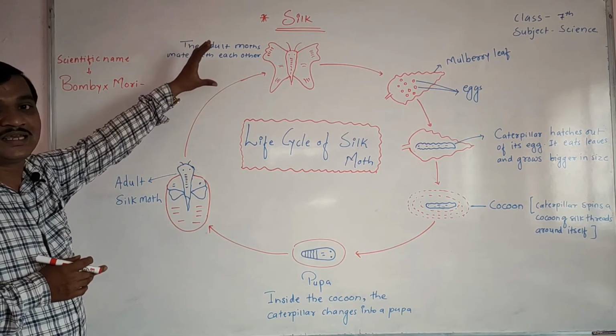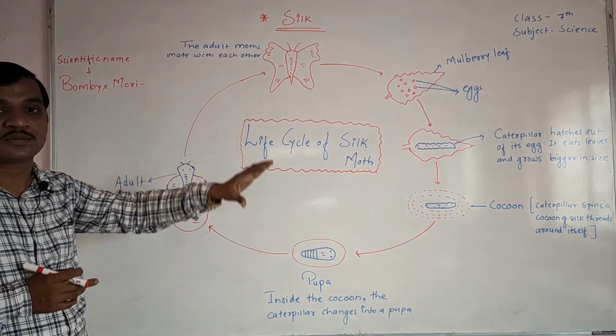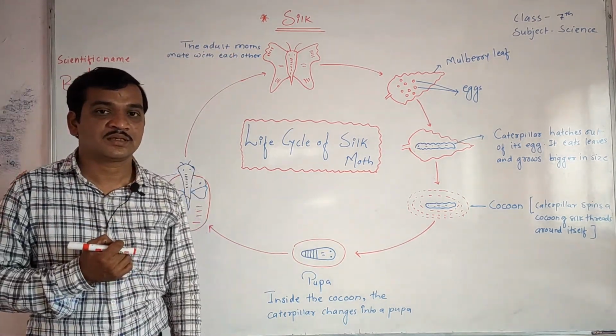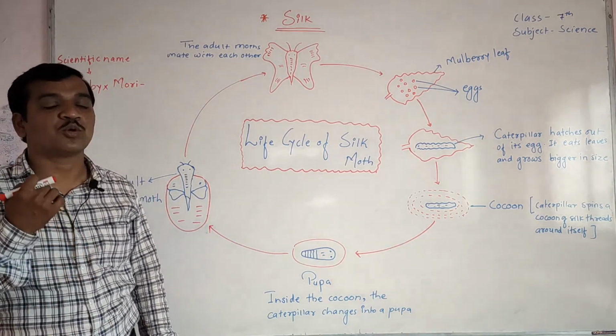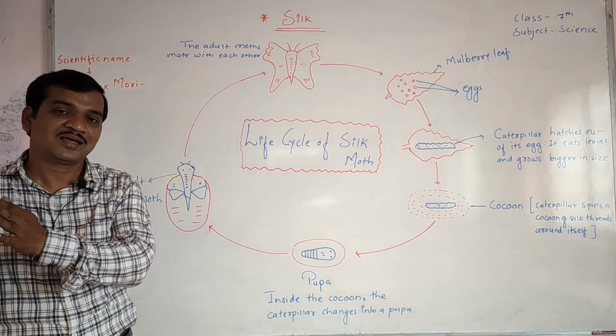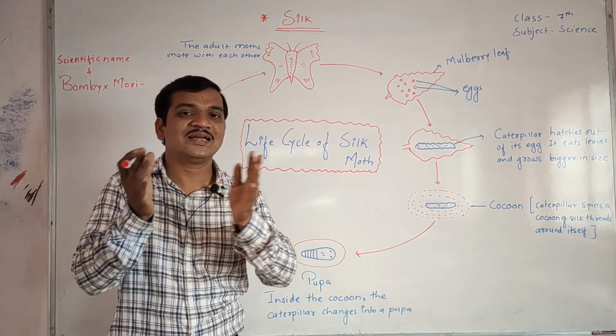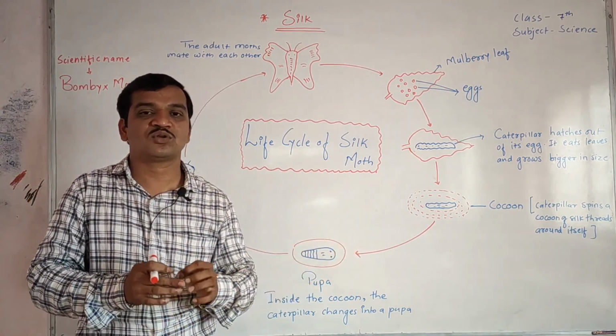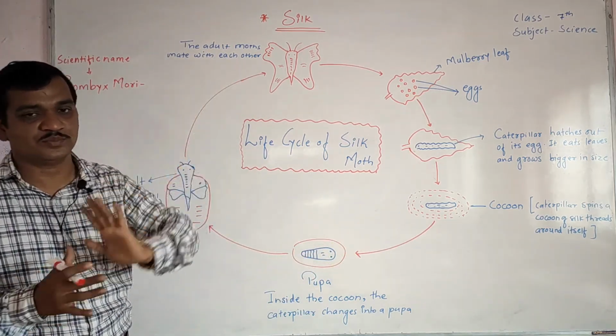This silk is made up of a liquid called protein. When exposed to the air, it suddenly hardens and forms a solid thread-like structure, which is called the cocoon.